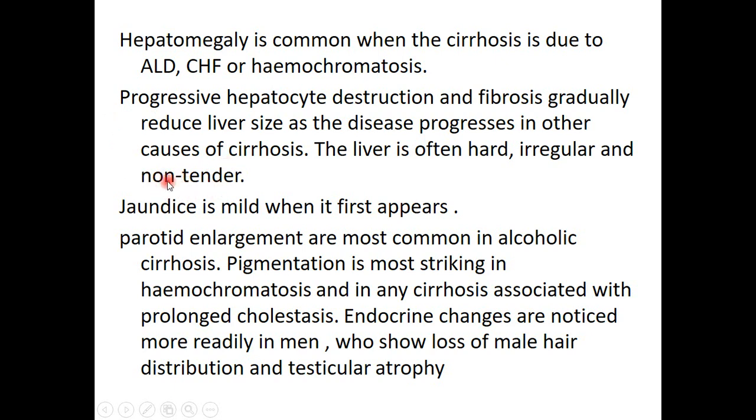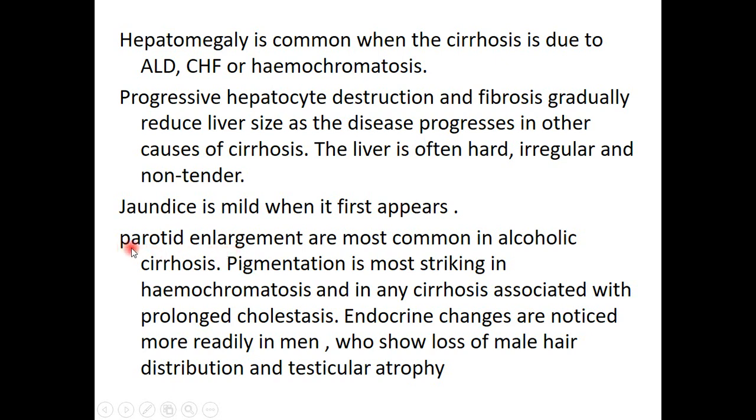Tender hepatomegaly would be due to, for example, secondary deposits, and in congestive heart failure we also have tender hepatomegaly. Jaundice is mild when it first appears. We have specific features that we see mostly in alcoholic liver disease, such as parotid enlargement, testicular atrophy, decrease in libido, and loss of hair.